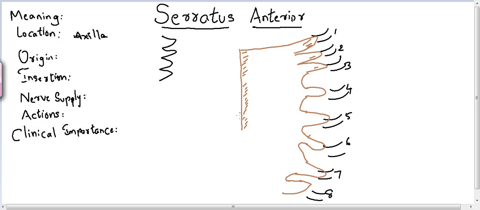But if you want a more specific answer, just draw the scapula and complete the diagram. Here is the scapula, medial border. So this is the infraspinous cavity. You can see it's attached to the medial border. Here we can see the acromion and the coracoid process projecting forward like this.